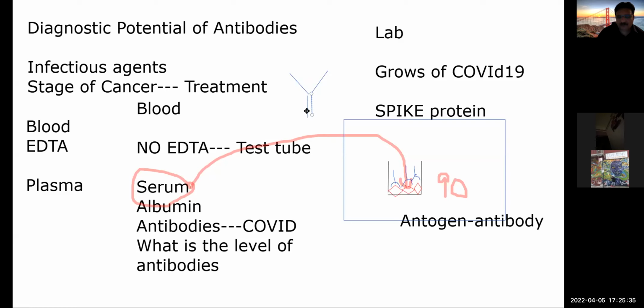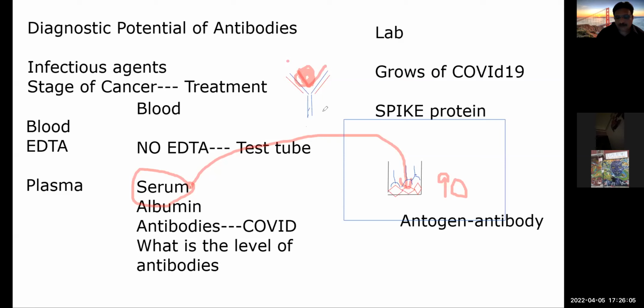This is a heavy chain, and this is a light chain. And this is the groove of the antibody to which an antigen can bind, this V-shape.